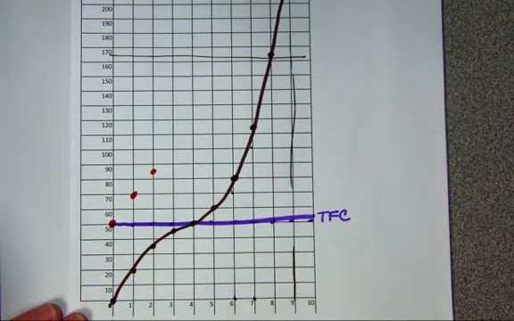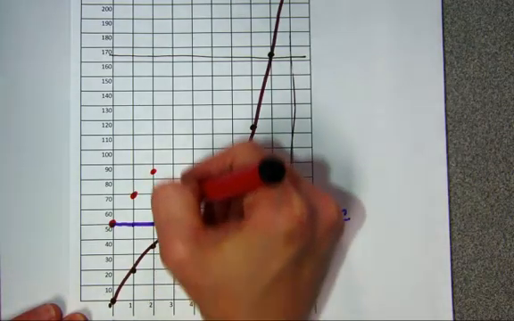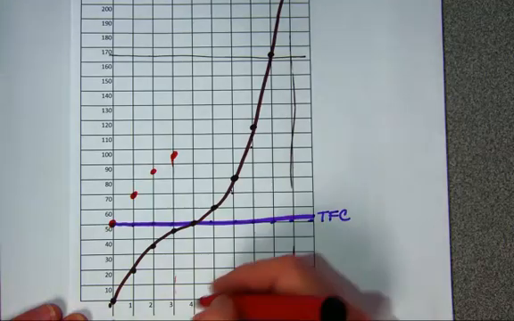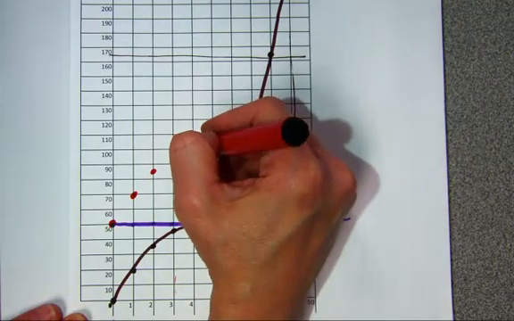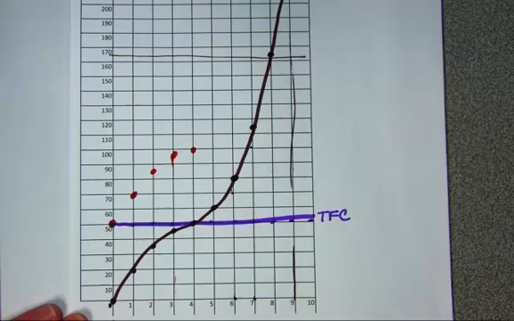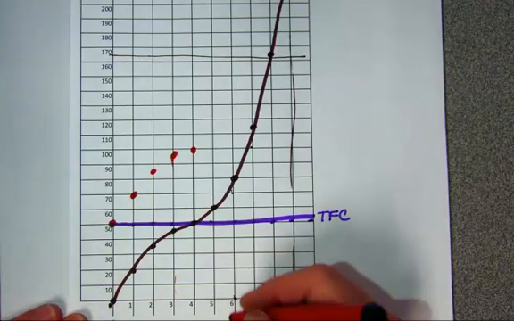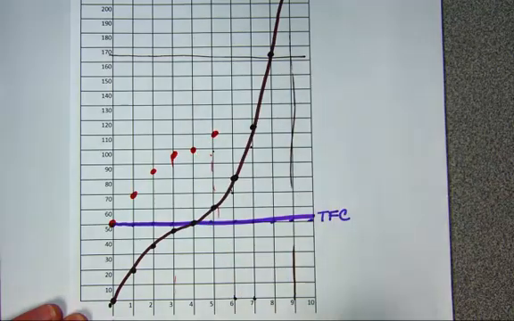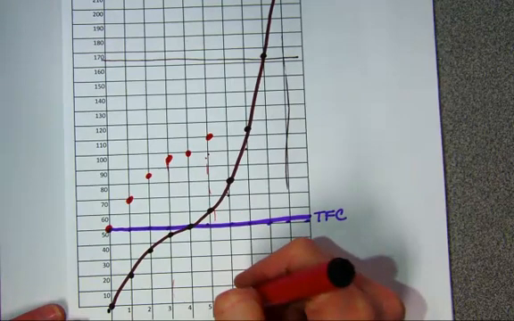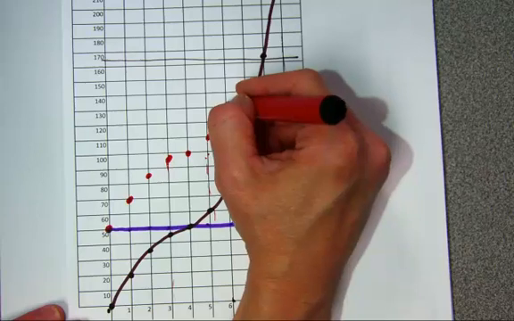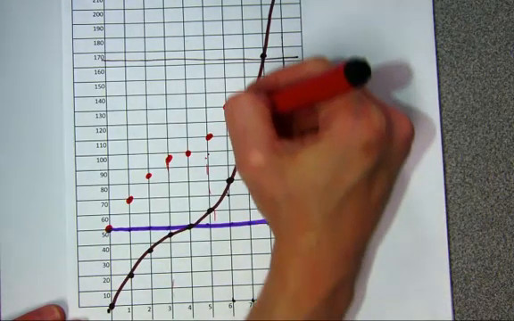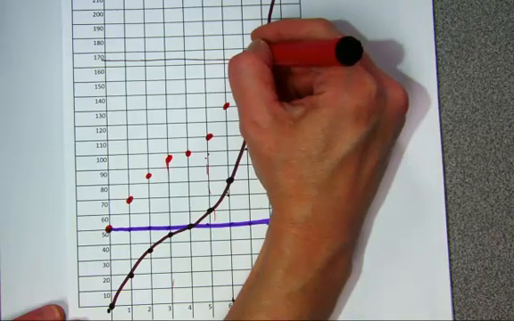At 3 units, total costs are 95. At 4 units, total costs increase to 100. At 5 units, total costs are 110. At 6 units, total costs are 130. At 7 units, total costs increase to about 165.